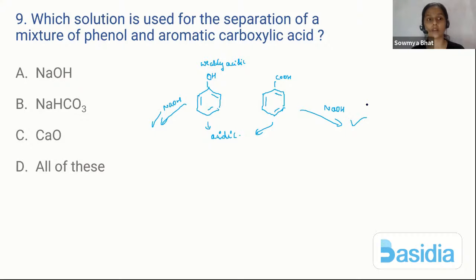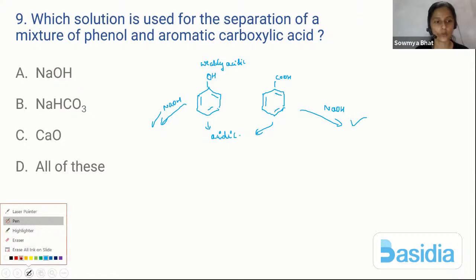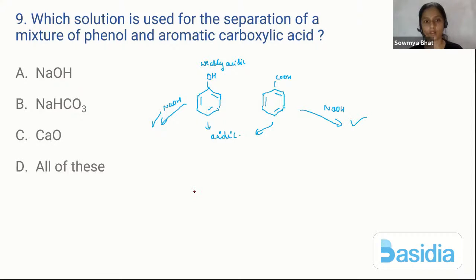So using sodium hydroxide and sodium bicarbonate, or sodium hydrogen carbonate, what happens here is, sodium hydrogen carbonate is a weak base.